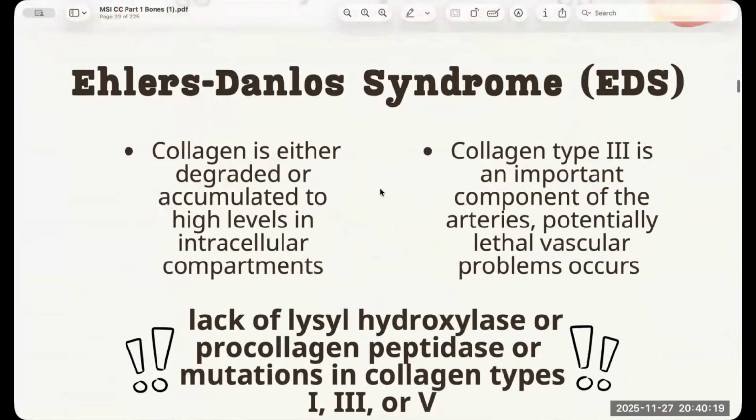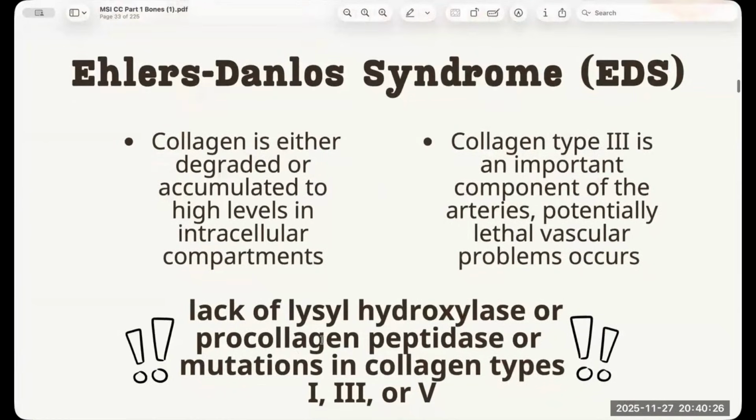Another syndrome is Ehlers-Danlos syndrome. Now, this is also a lack of lysyl hydroxylase, but not only that, it's also a lack of peptidase or mutations in collagen types 1, 3, and 5. So it can be caused by 3 deficiencies. All right.